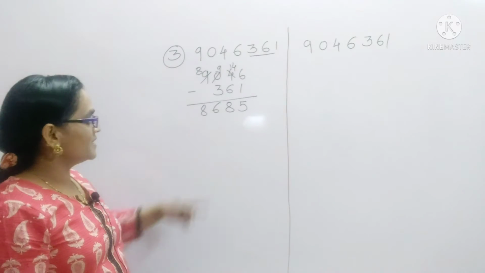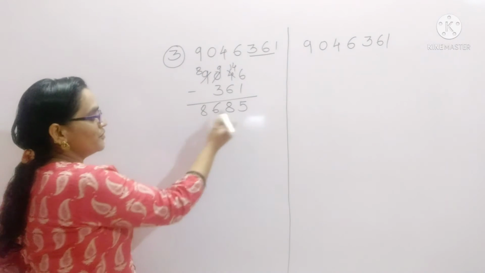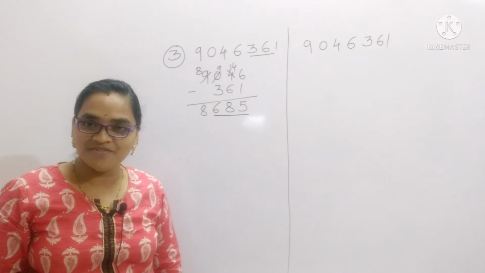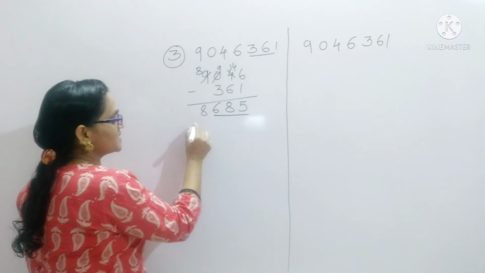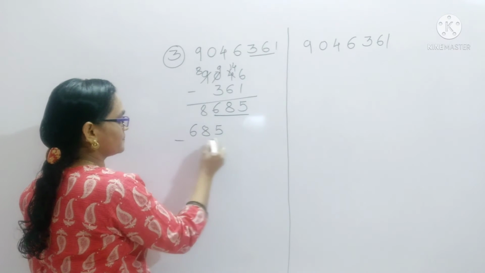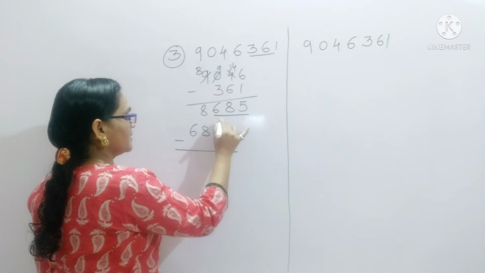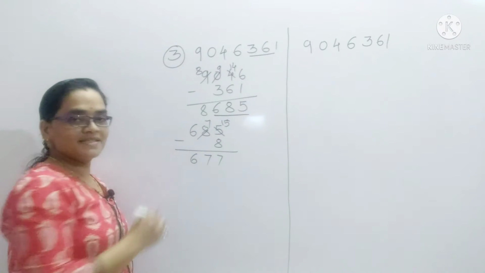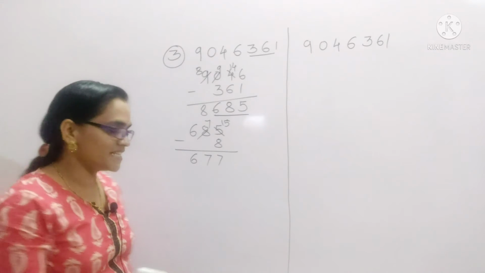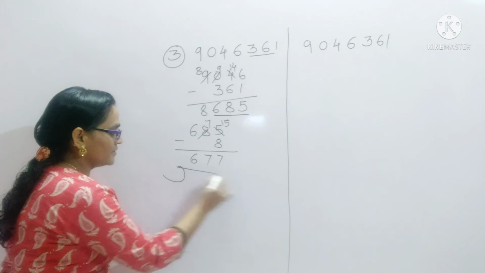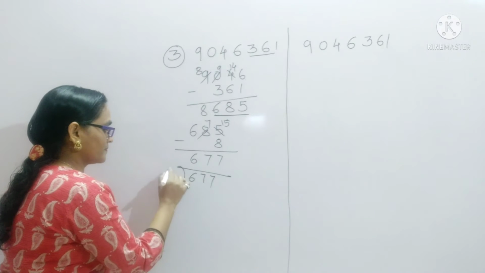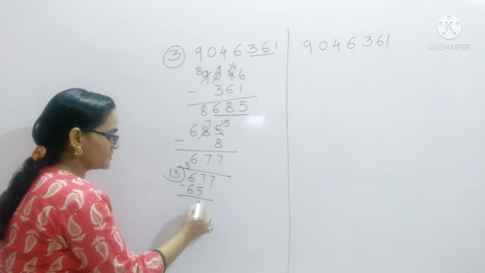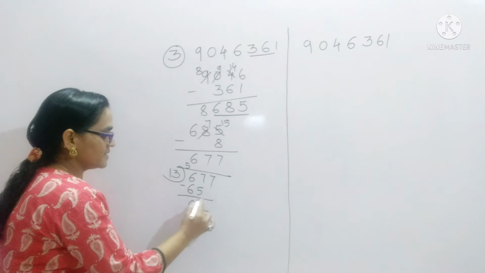8685. Now here see, again check out the 4 digit number. So the last 3 digit number found is 685. Then subtract 8 from 685. 15 minus 8, 7. 7 and 6. Now check whether 677 is divisible by 13 or not. 13 5s are 65. 7 minus 5, 2. 6 minus 6, 0.